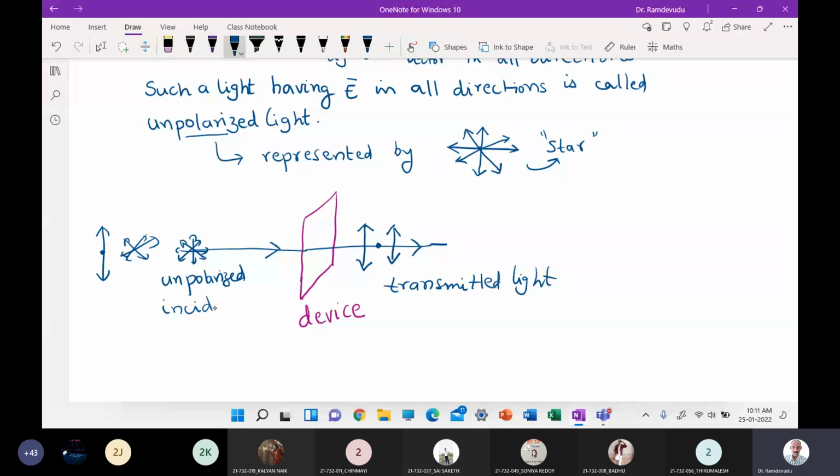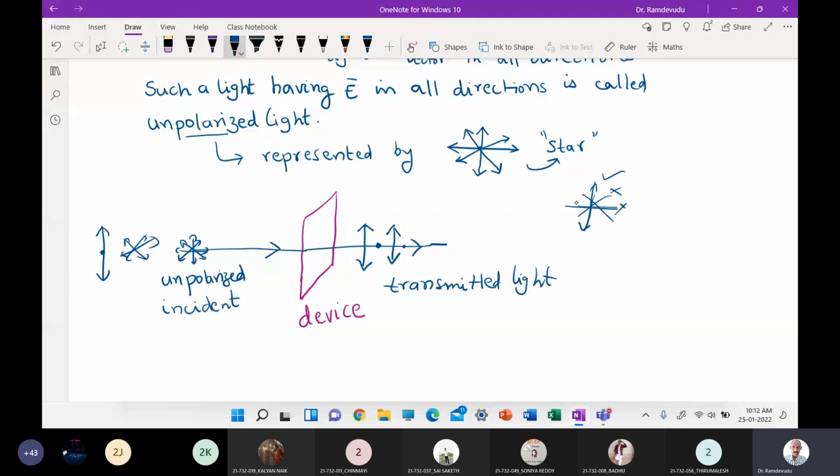When it is passed through a device, the device is capable of removing some of the directions of E vibrations, and it allows only light rays having vibrations confined to a particular direction. Out of all this in the star, this is not allowed, this one is not allowed, a parallel one is allowed, and this may be allowed.